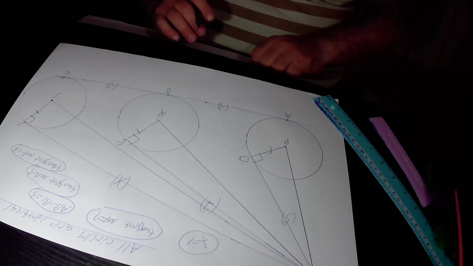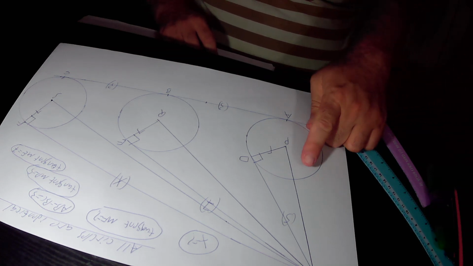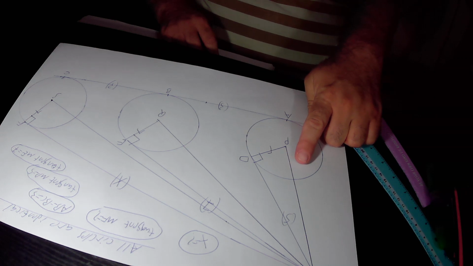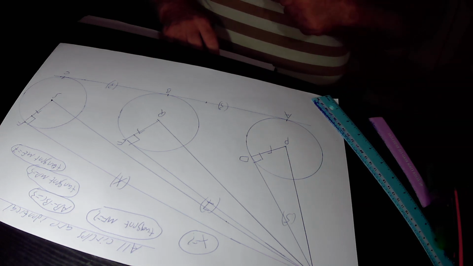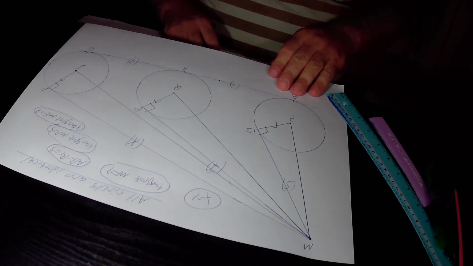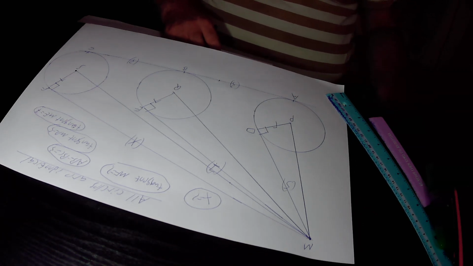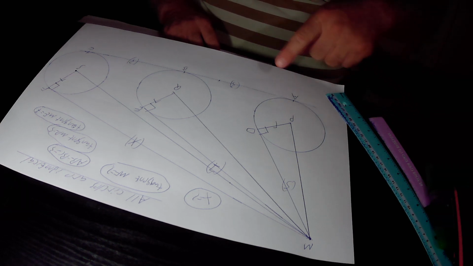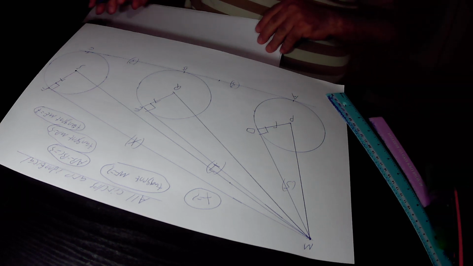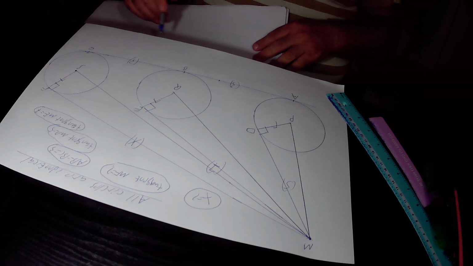So according to the Pythagoras theorem, in any right triangle, the square of the hypotenuse equals the sum of the squares of the perpendicular sides. The hypotenuse in this right triangle MPD is MP, therefore the square of the hypotenuse is MP square.